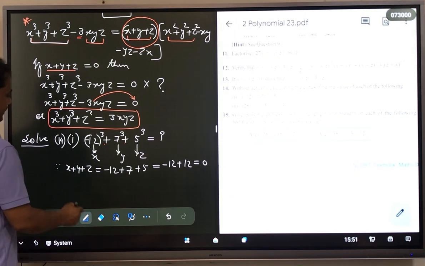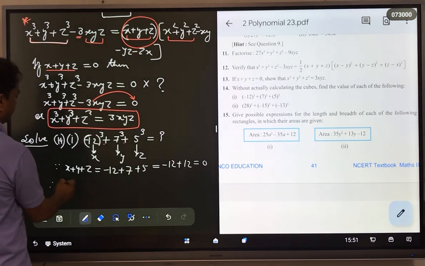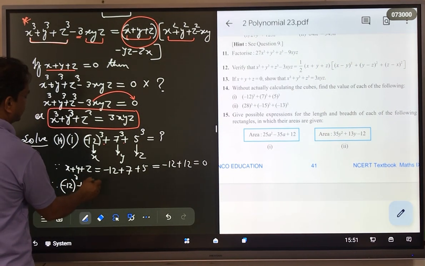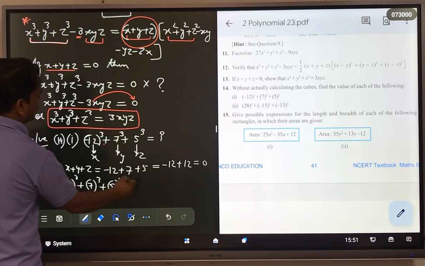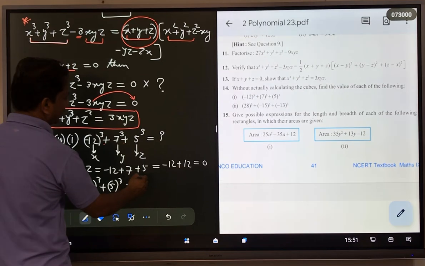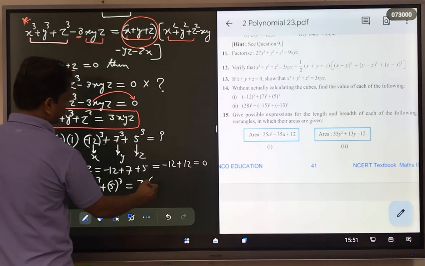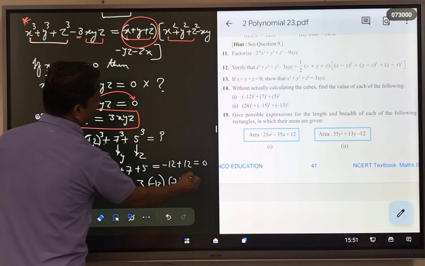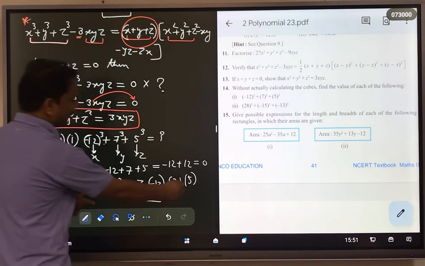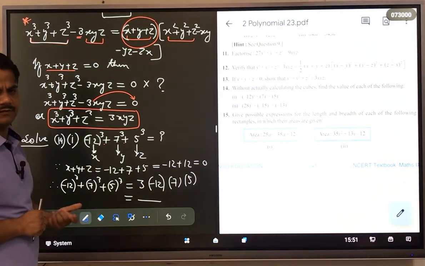Therefore, minus 12 cube plus 7 cube plus 5 cube will give you 3 times their product, that is minus 12, 7 and 5. Can you find the product?